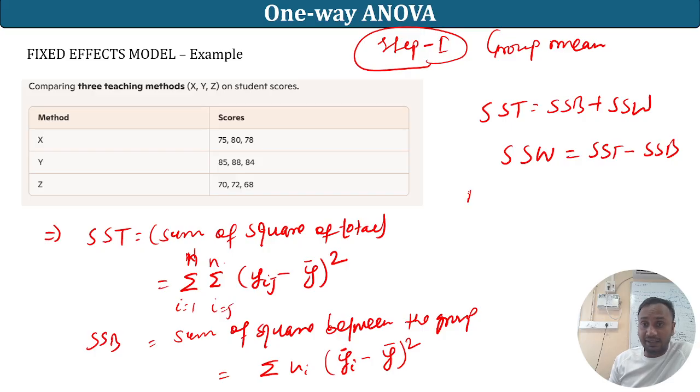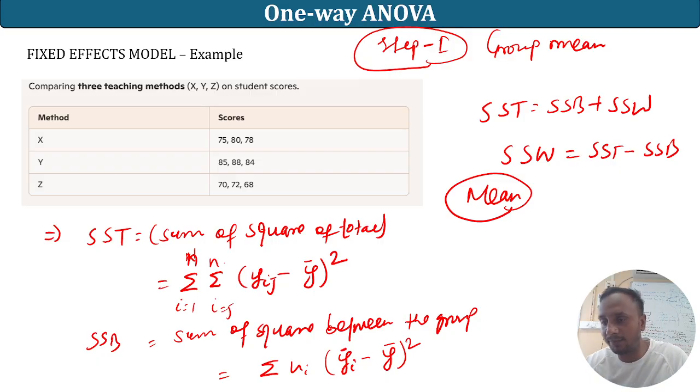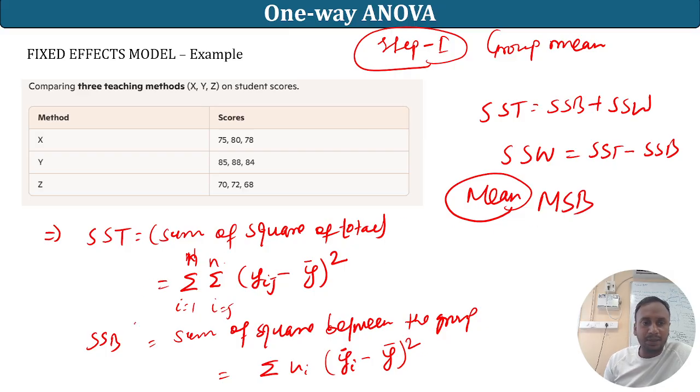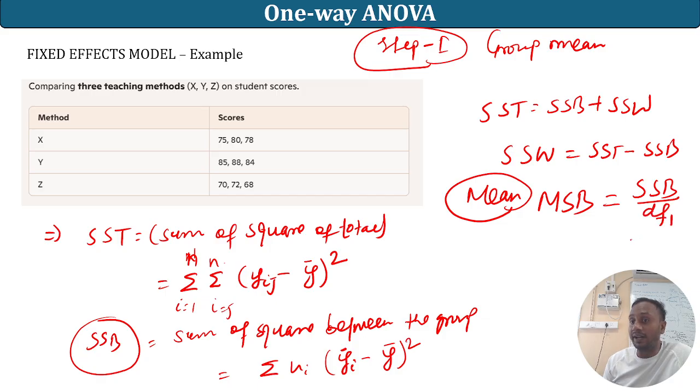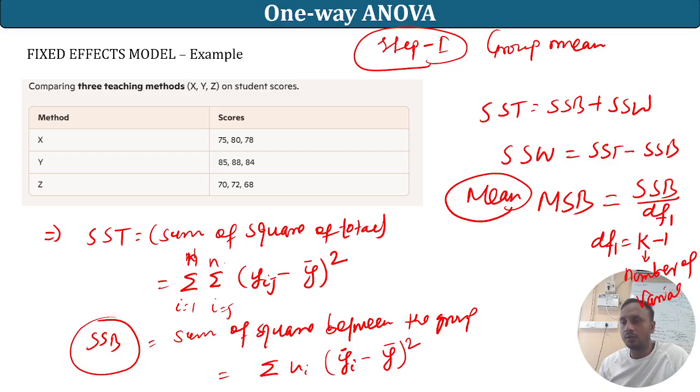After that, we'll calculate the mean squares, because the idea is to check the mean differences between the samples. So MSB, between the groups, will become SSB upon degree of freedom 1. Degree of freedom 1 will become K minus 1, where K is the number of variables or groups.